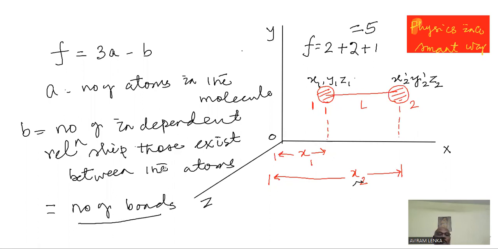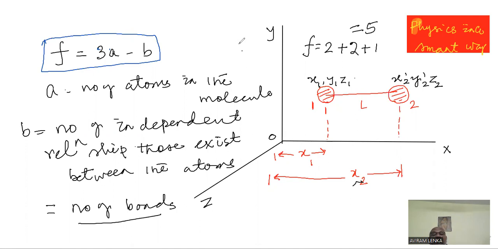So the degree of freedom is expressed by the formula 3A minus B, where A is the number of atoms, and because each atom has a unique X, unique Y and unique Z coordinate, the first term is 3A. And minus B is the number of independent relationships which exist between atoms, or very simply, the number of bonds.